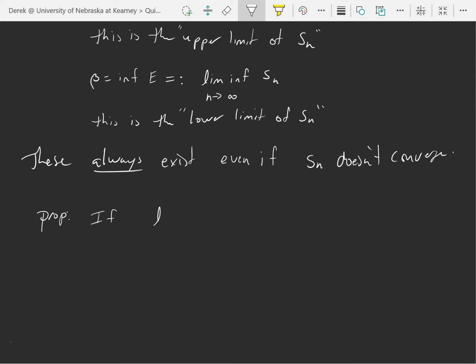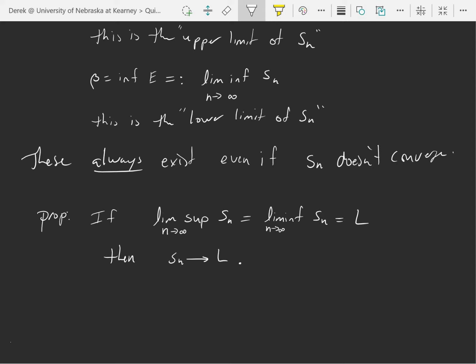If the lim sup as n goes to infinity of S sub n equals the lim inf as n goes to infinity of S sub n, let's say it's equal to L, then S sub n goes to L in the limit. Okay, and sort of vice versa.